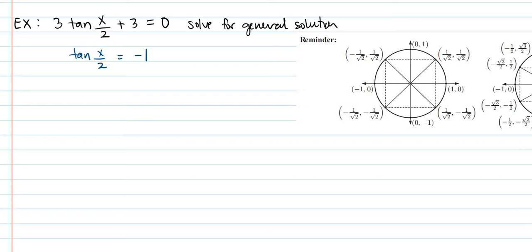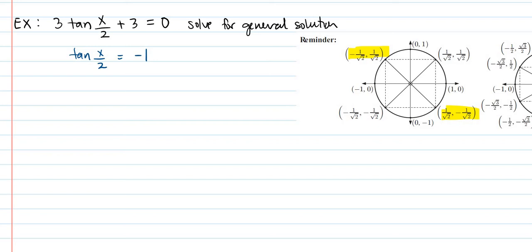Okay, so I'm going to go to my unit circle, and on my unit circle, I know that tangents are sines over cosines, and the only place where sine over cosine would be equal to negative 1 would be where those values are opposites of each other. So we're looking at here or here.